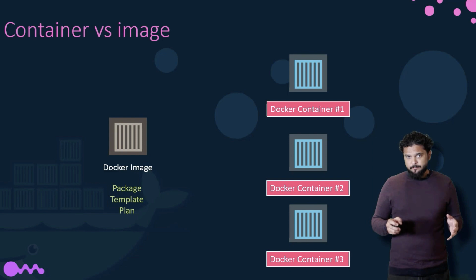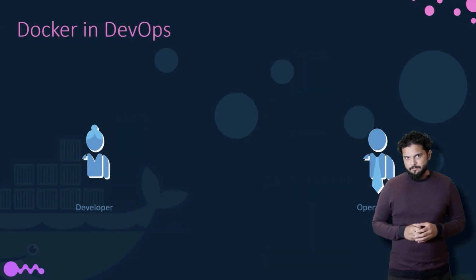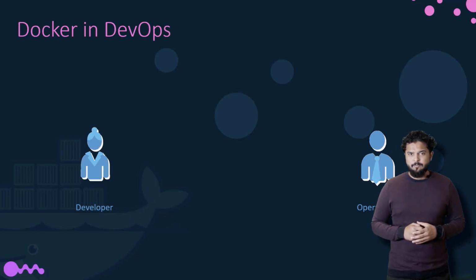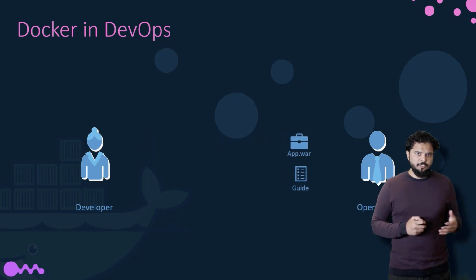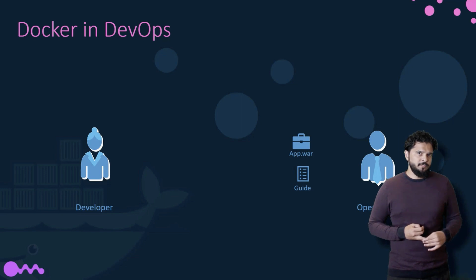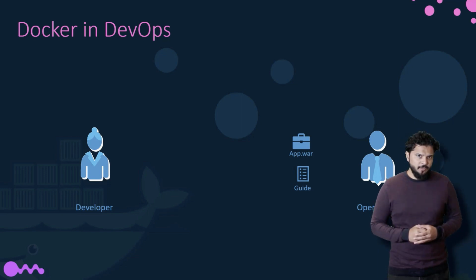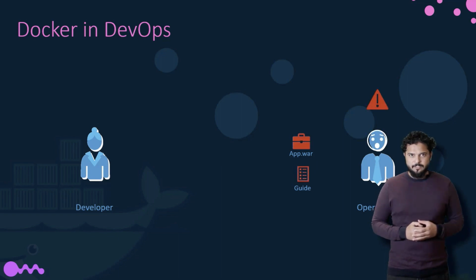So if you look at it, traditionally, developers developed applications. Then they hand it over to the ops team to deploy and manage it in production environments. They do that by providing a set of instructions, such as information about how the host must be set up, what prerequisites are to be installed on the host, and how the dependencies are to be configured, etc. Since the ops team did not really develop the application on their own, they struggle with setting it up.